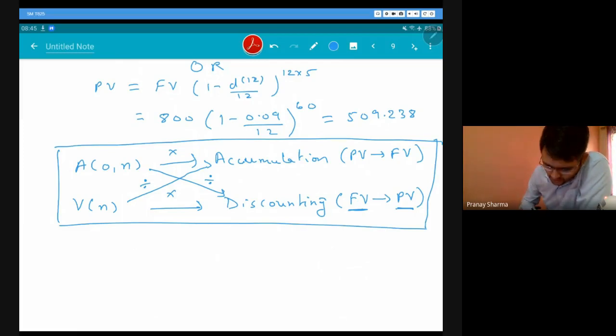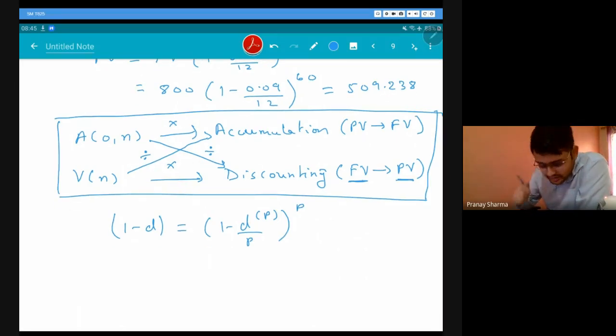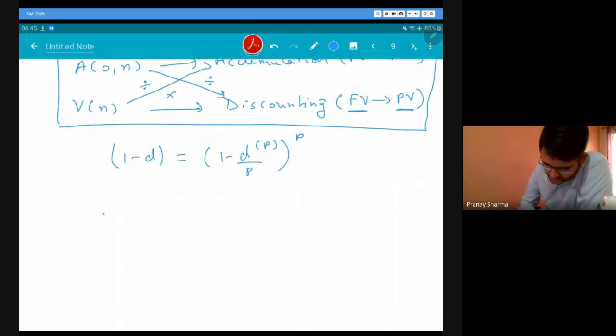Now let's talk about how we get 1 minus d is equal to 1 minus dp by p, the whole raised to p. We did this for our rate of interest yesterday. Here we'll take the same type of example. Let's say we have quarterly interest.